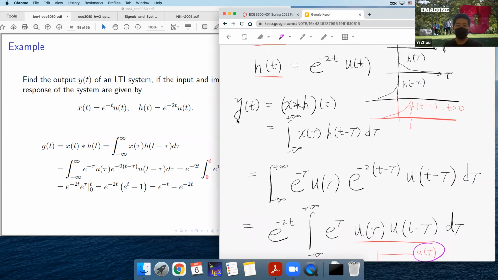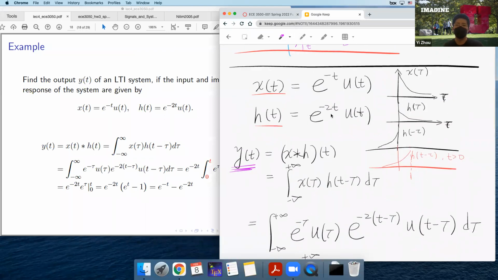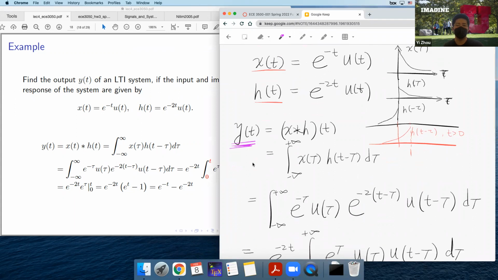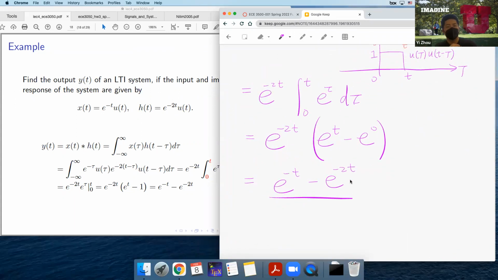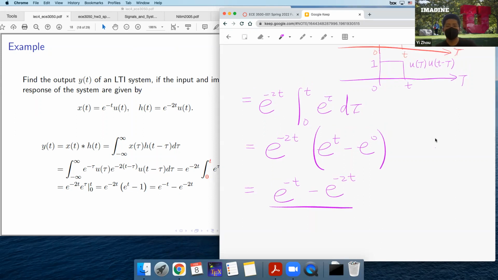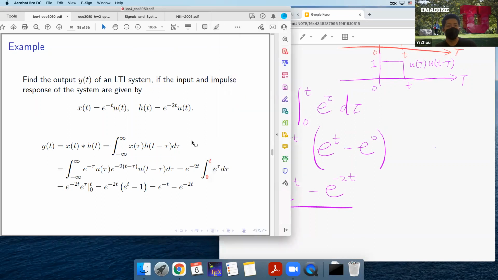So in the end, after integration, okay, so this is x(t), this is h(t). After integration, y(t) equals this one. Right, so basically, you just plug in the signals into the convolution expression, and then simplify everything.